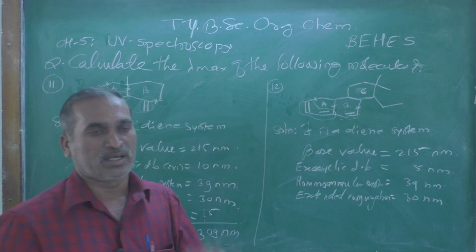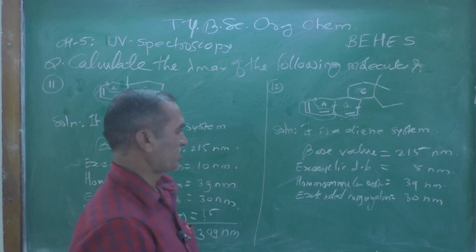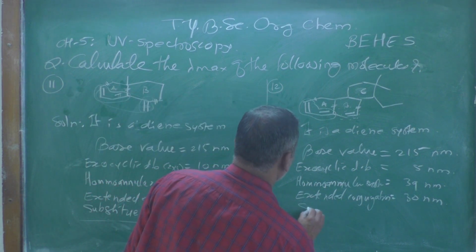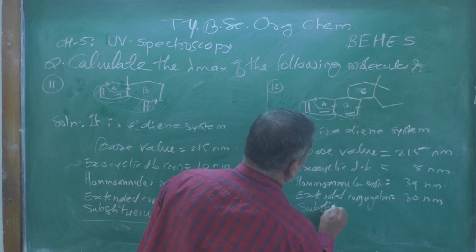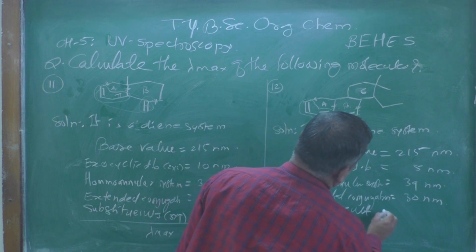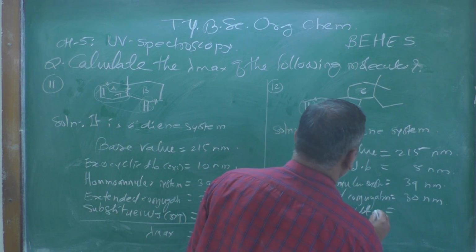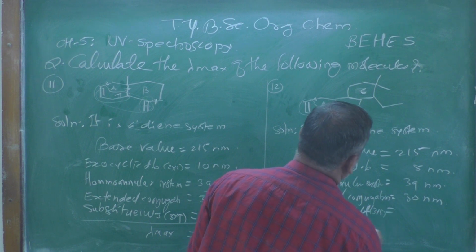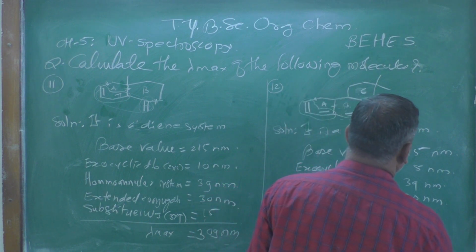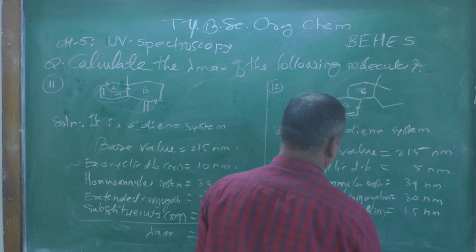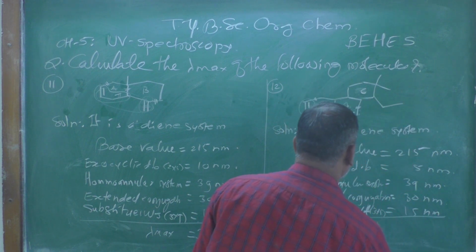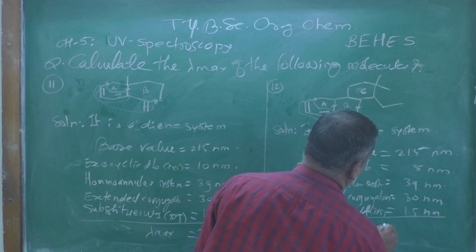So there are three substituents present here. So you can write it down, substituent. 3 into 5 becomes 15 nanometer. So you can mark it like this and write it down as the lambda max.